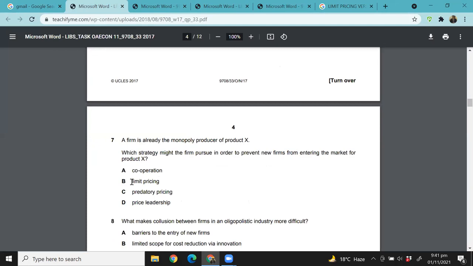So limit pricing is when you're trying to stop new firms from entering the market even before they have entered. No, think about this. Let me give you a real life example and then you'll understand. Let's say Food Panda, a food delivery app, is already in the market.